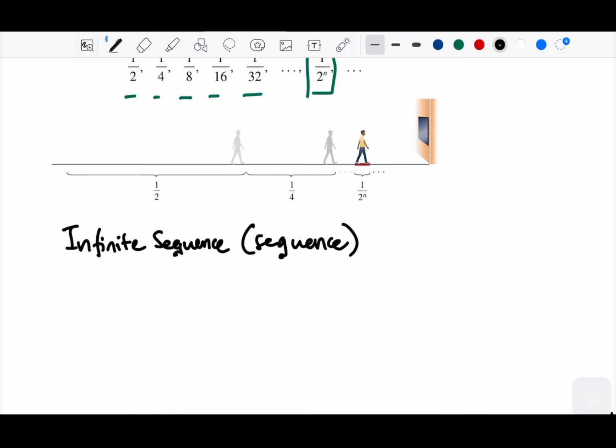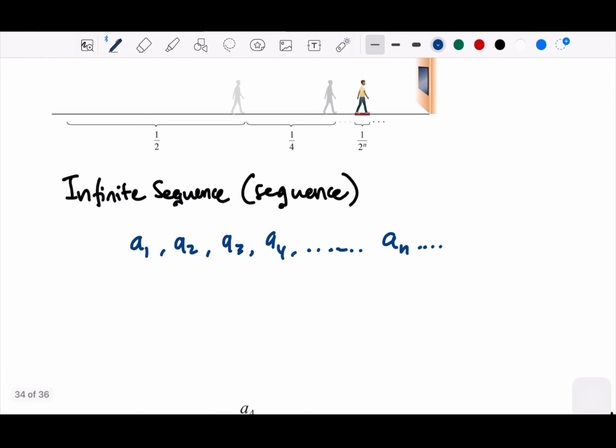We usually write the sequence with terms a1, a2, a3, a4, and we could simply write a_n. So we say a1 is the first term, a2 the second term, and so on. We could denote this with brackets like this, and whenever you see these symbols, it means that is a sequence.